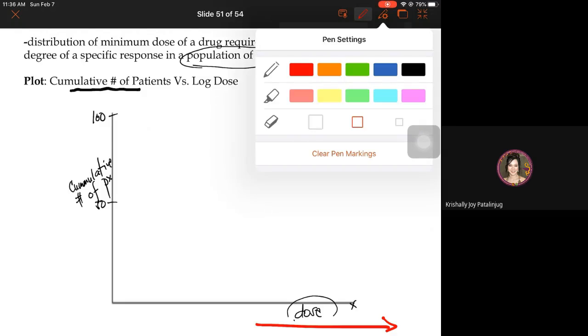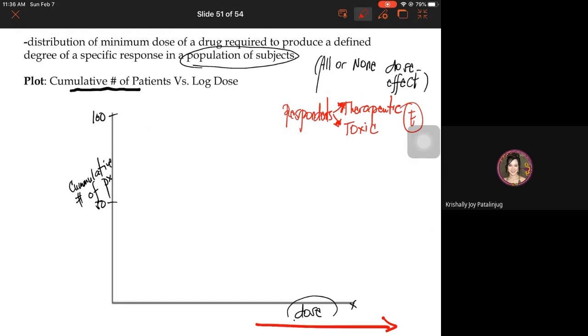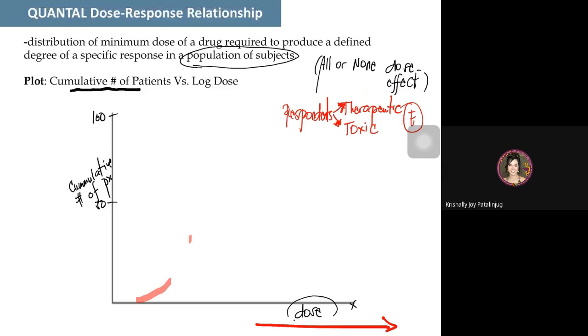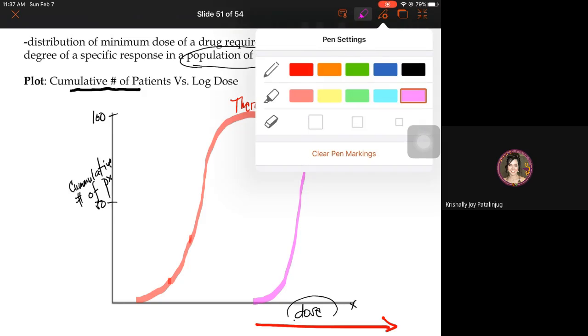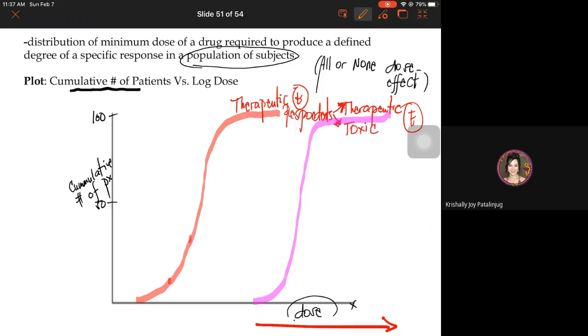So yung makikita lang natin na graph dito, say for example, at this particular dose, you have for instance, ito yung therapeutic effect. Then, upon increasing, of course, di ba, sobrang increase ng dose, most probably this would be the toxic effect of a drug.